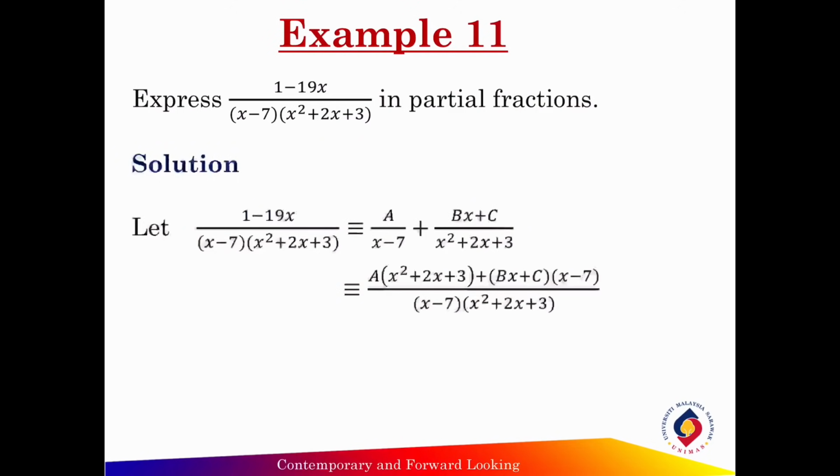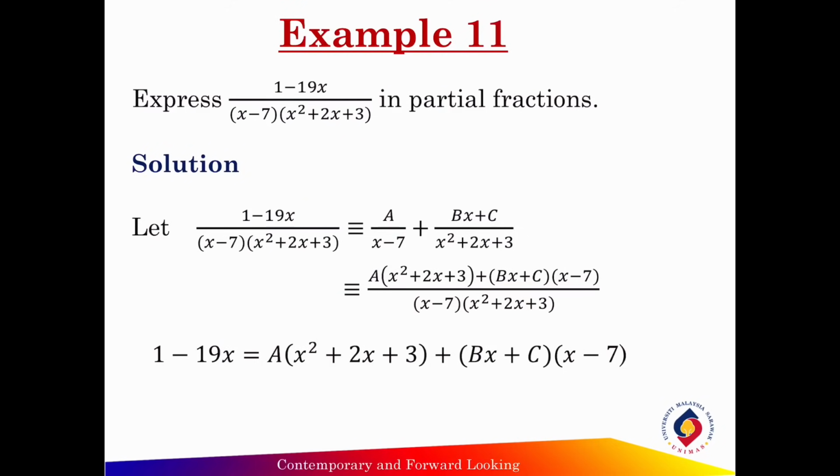Now we go to step number 3, multiplying throughout by the denominator's factors. So we get A times (x² + 2x + 3), plus (Bx + C) times (x - 7), over (x - 7)(x² + 2x + 3). As both sides are a single fraction with the same denominator, we will have the same numerator.